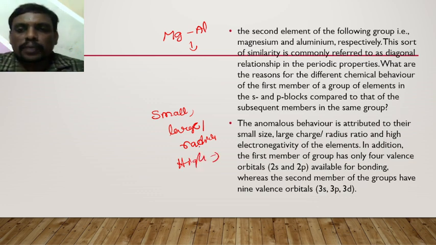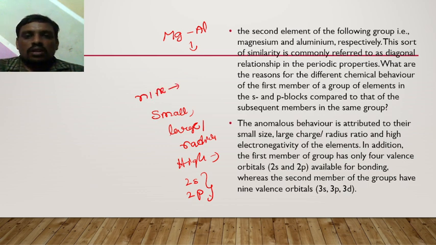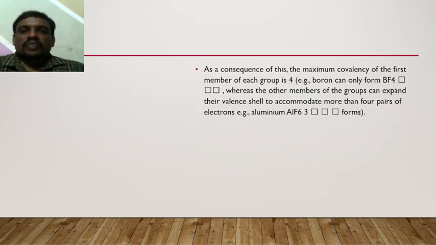The first member of a group has only 4 valence orbitals, one 2s and three 2p, available for bonding, whereas the second member of the group has 9 valence orbitals: 1 s, 3 p, 5 d. As a consequence, the maximum covalency of the first member of each group is 4.